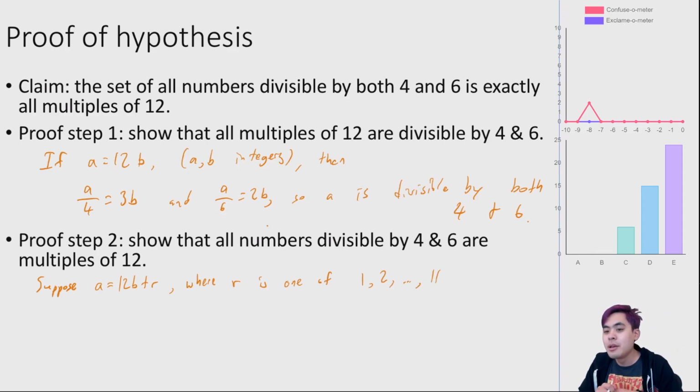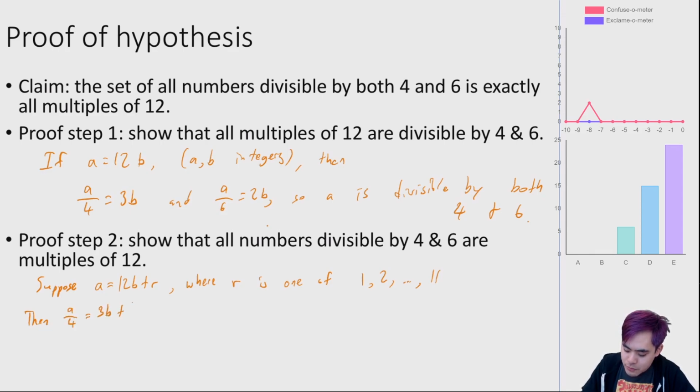Why did we do that? Because we're basically saying that when a is divided by 12, you get a non-zero remainder, which we can write out in this way. Then a over 4 is equal to 3b plus r over 4, and a over 6 is equal to 2b plus r over 6.